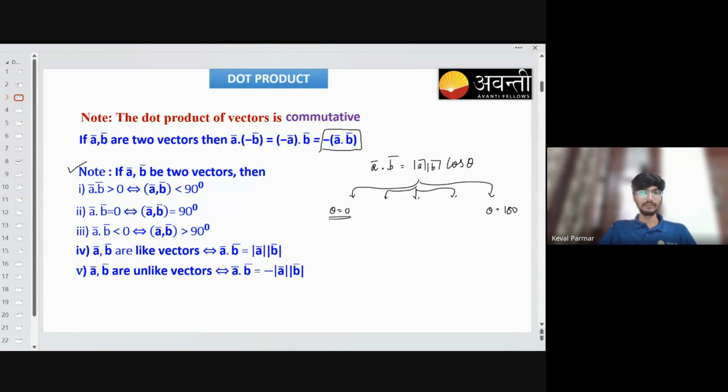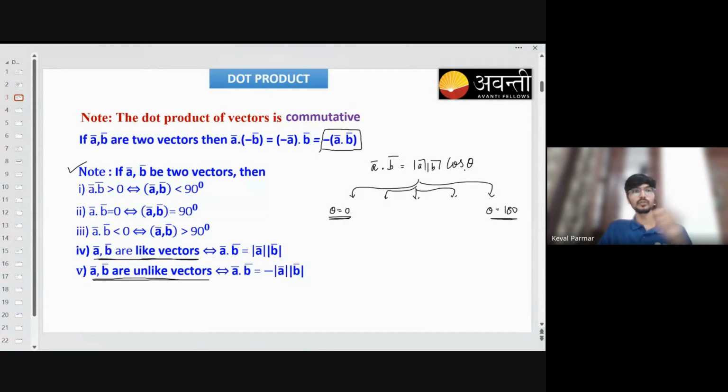Now, if theta equals to 0, then A bar and B bar are like vectors. If theta equals to 180, then A bar and B bar are unlike vectors. I hope you remember what are like and unlike vectors. Like vector मतलब दोनों की डायरेक्शन सेम है, दोनों ऊपर जा रहा है. Unlike मतलब ऐसे एक ऊपर एक नीचे, exactly opposite. So if theta equals to 0, here what will be cos theta?